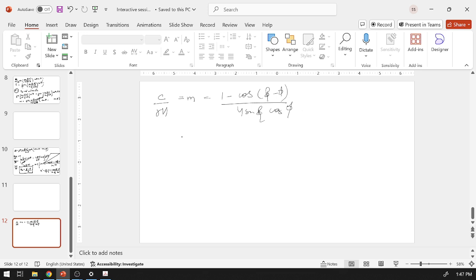The maximum height of slope for which the critical equilibrium occurs can be obtained by substituting c_d equals c dash and phi_d dash equals phi dash in our equation, and from here we can get H critical equal to 4c dash over gamma sine beta cos phi dash, 1 minus cos of beta minus phi dash. This is the stability number. This is your critical height.